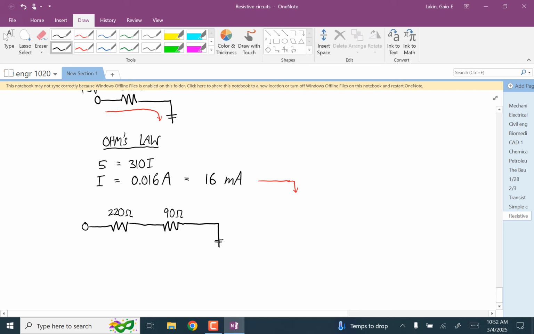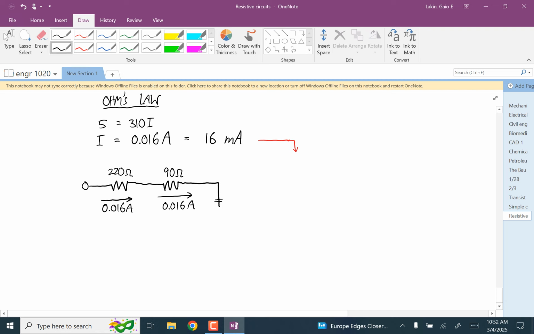We know that the current here, that I'll symbolize with the line showing the direction, is 0.016 amps. And we know that it's the same current over here on this one, 0.016 amps. And now for each of those individually, we can use Ohm's law.